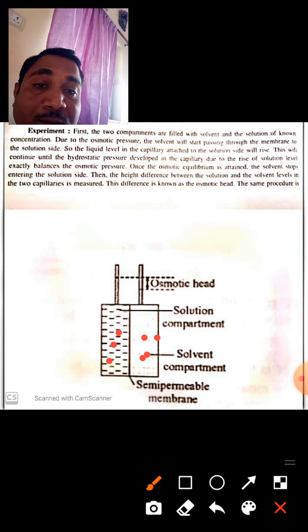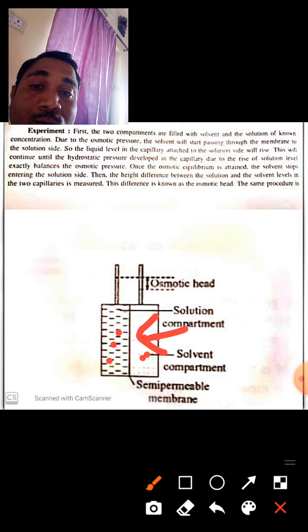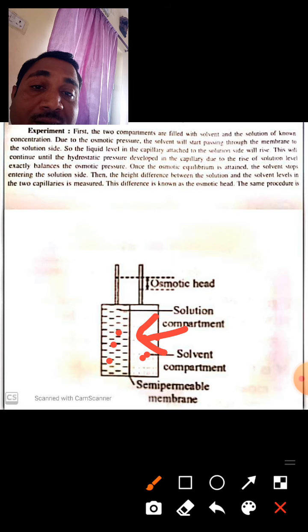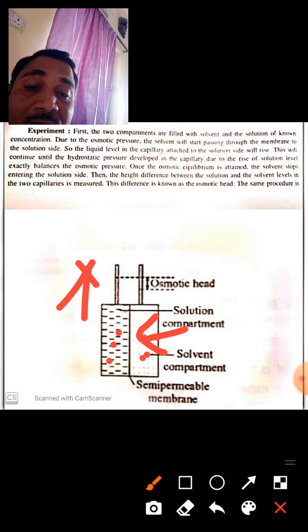Due to osmotic pressure, solvent will start passing through the membrane into the solution side. That means the solvent tries to pass into the solution side, so the liquid level in the capillary attached to the solution side will rise.